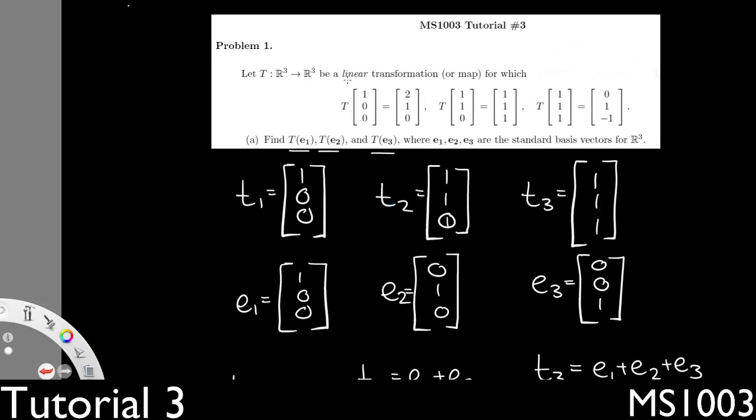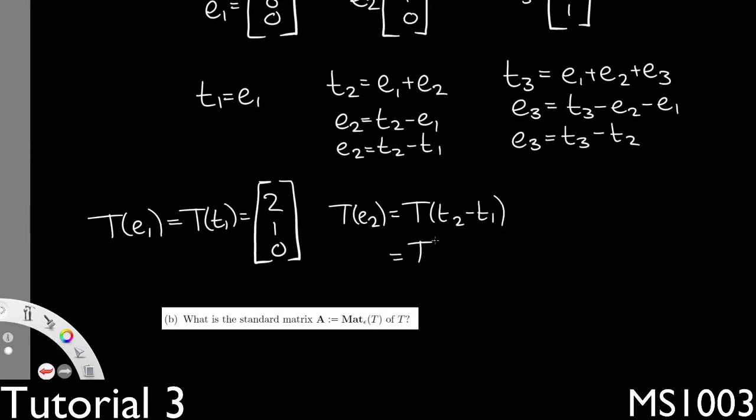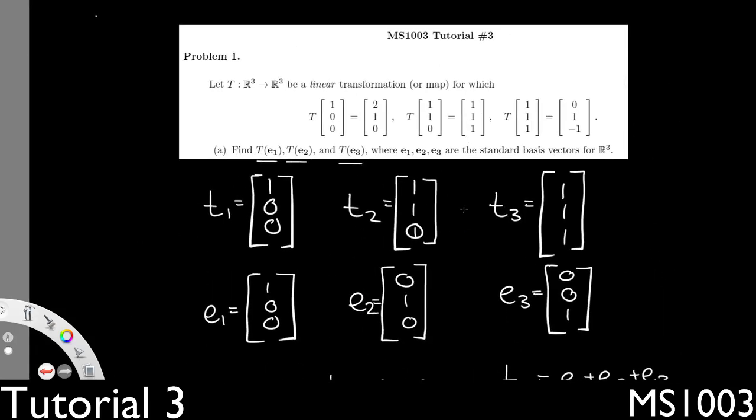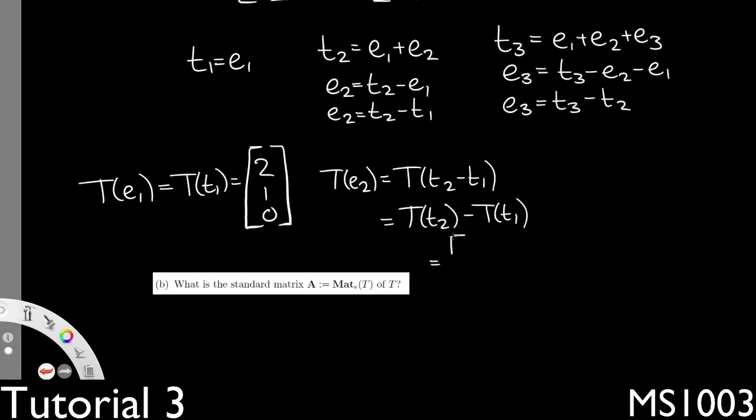It tells me here that T is a linear transformation, so that means I can break the T2 minus T1 apart like this. And now what's good is I know what T of T2 and what T of T1 are. T of T2 was given to me as (1, 1, 1), so this should be the same as (1, 1, 1) minus T of T1, which I have here, (2, 1, 0).